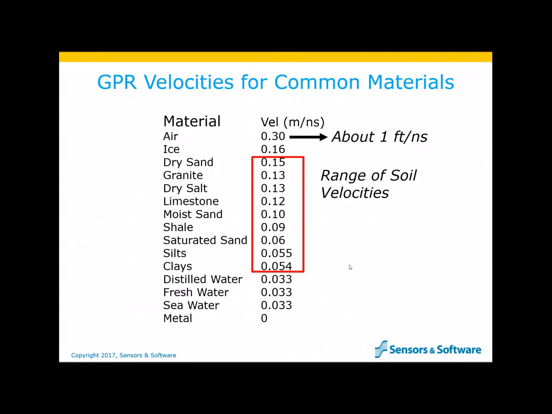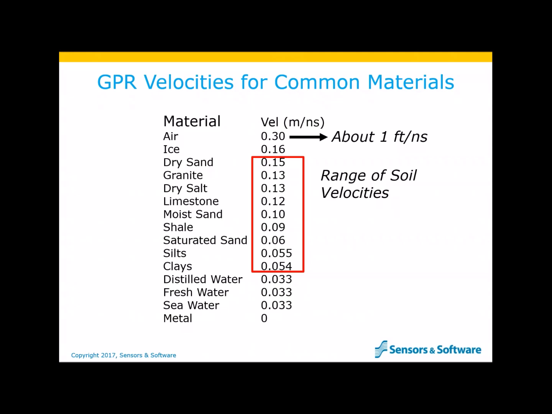Note the range of velocities you can get in soil. Clay, silt, and water-saturated sandy soils all have very low velocities, 0.06 meters per nanosecond or lower. This is because of the presence of water in the soil. On the other hand, dry soils have very fast velocities, up to 0.15 meters per nanosecond.